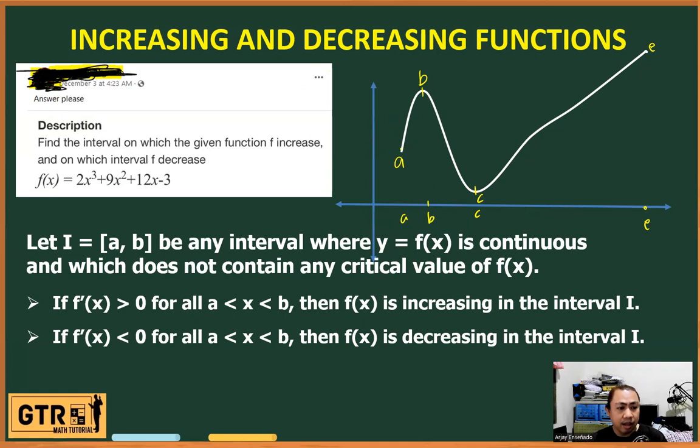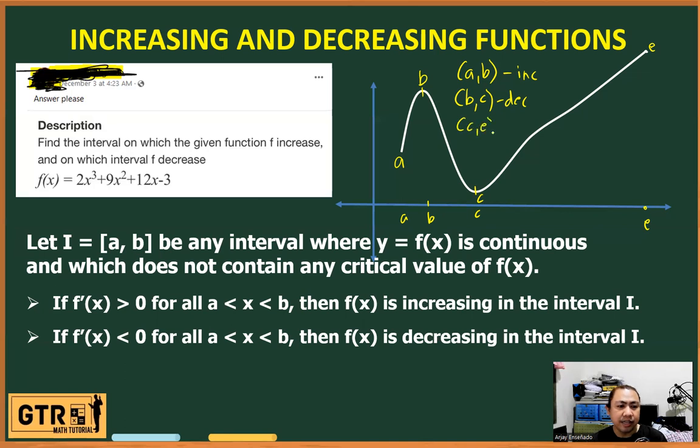If the graph rises from left to right, so from A to B, it is increasing from A to B. And then from B to C, the graph falls from left to right. So therefore from B to C, the graph is decreasing, and again from C to E is increasing again.